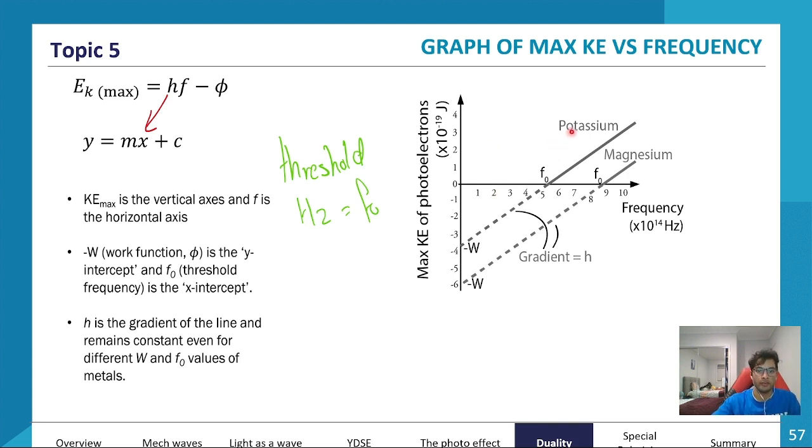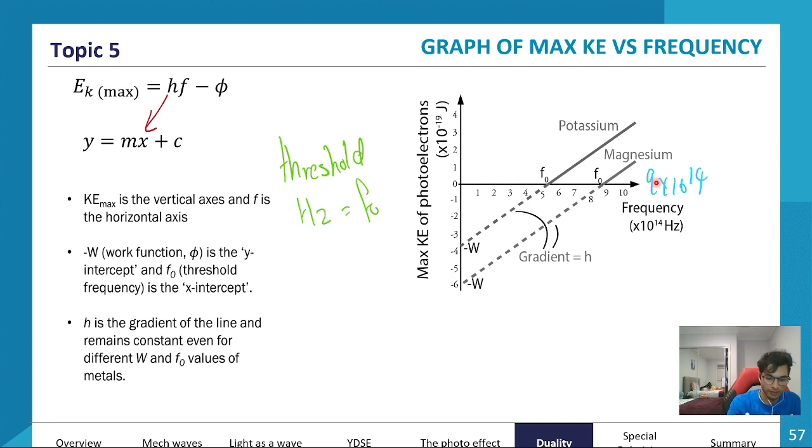Because of this, the threshold frequency for potassium is 5 times 10 to the 14. So if you want to create a photocurrent, you're going to need light that has more frequency than this. For magnesium, same thing, but instead of 5, the threshold frequency is 9 times 10 to the 14. So your light has to have more frequency than this to actually emit photoelectrons.